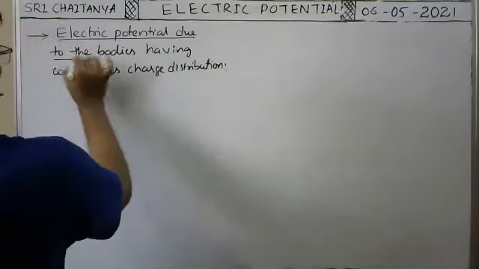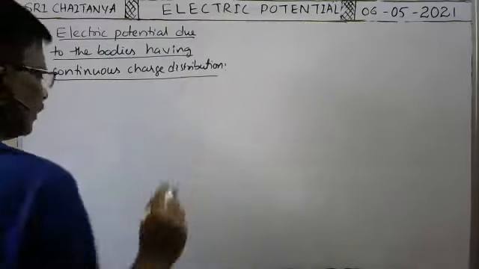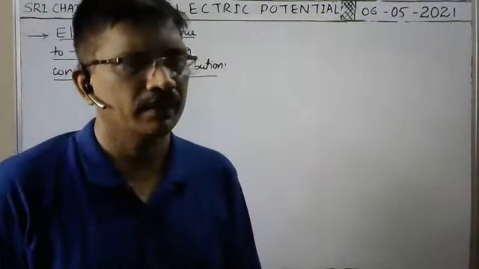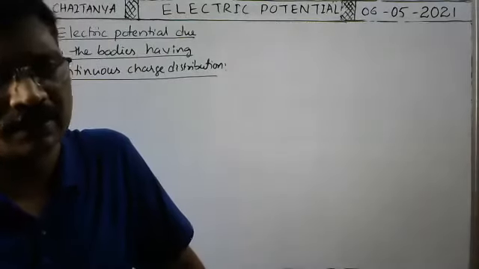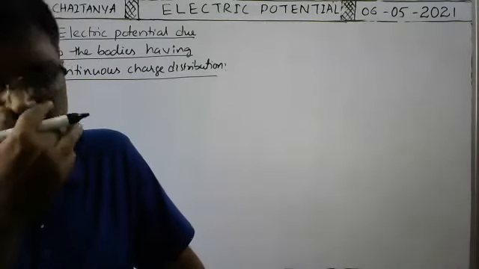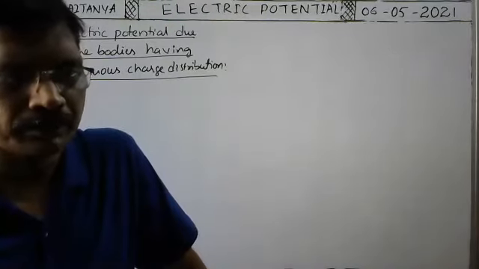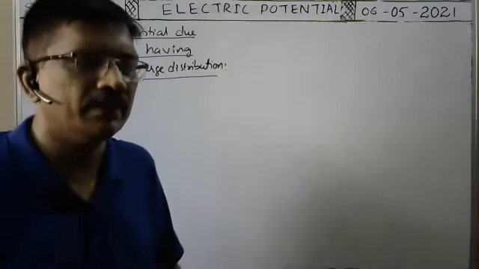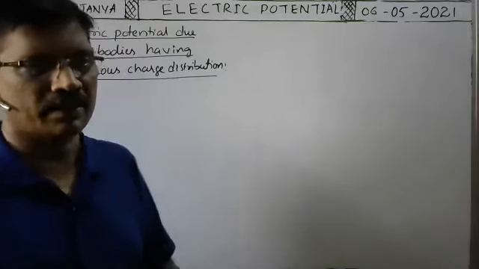Electric potential due to the bodies having continuous charge distribution, like charged sphere, charged conducting sphere, non-conducting sphere, like that. In our syllabus, we are having charged conducting sphere and non-conducting sphere.